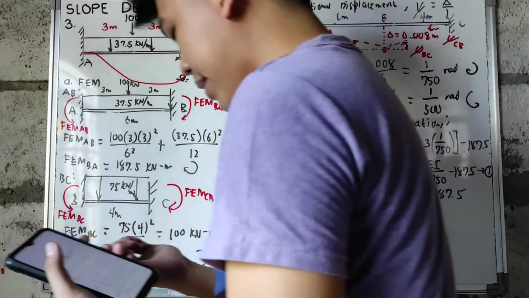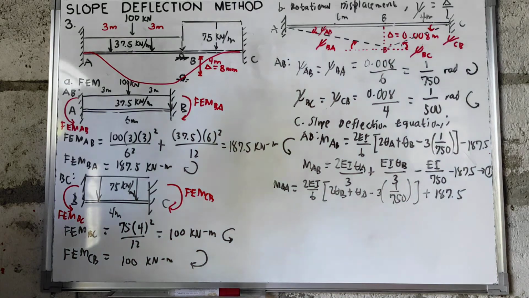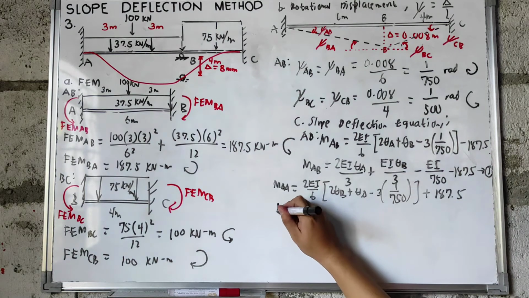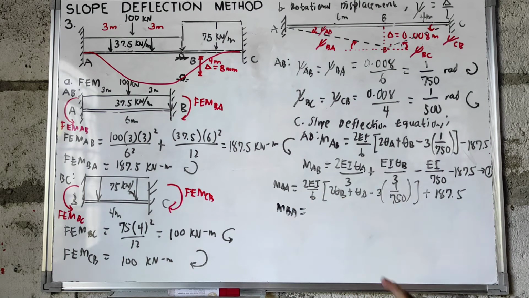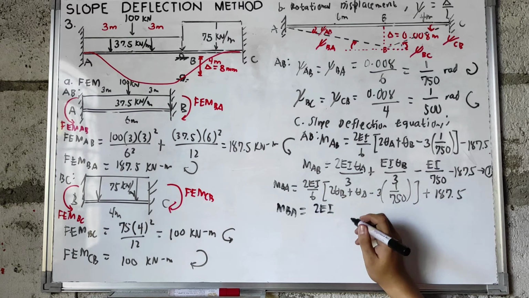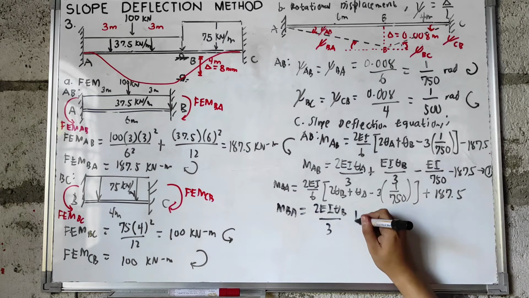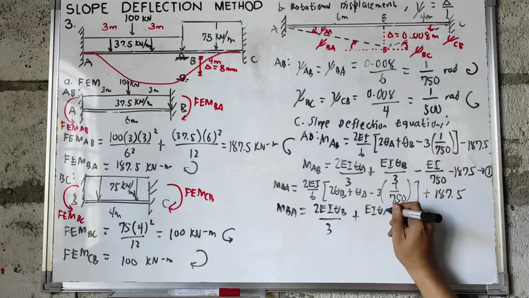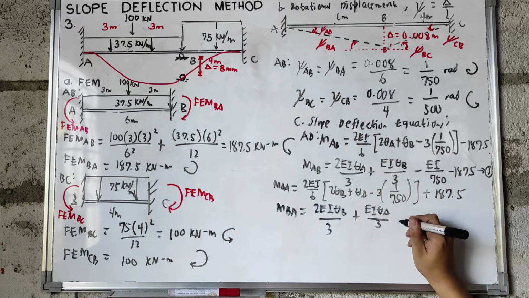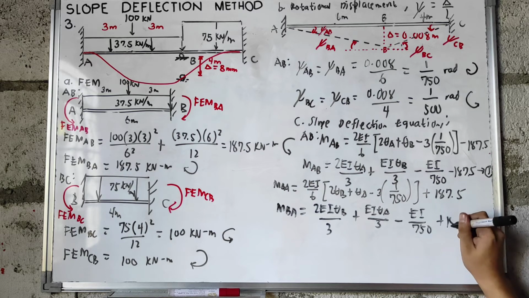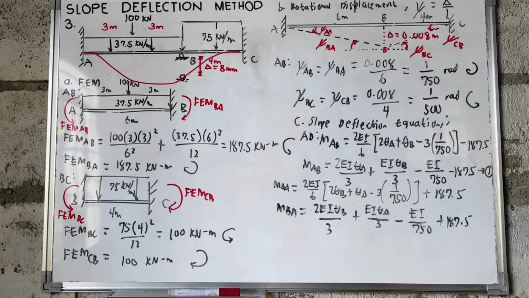So the value of your MBA, kung isi-simplify natin siya, we will have MBA is equals to 2EI theta B all over 3 plus EI theta A all over 3 minus EI over 750 plus 187.5. So this will now become our equation number 2.